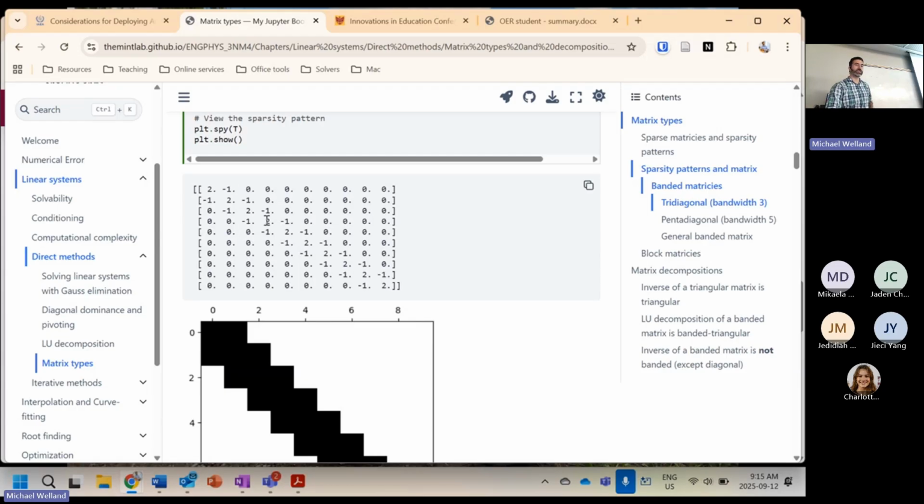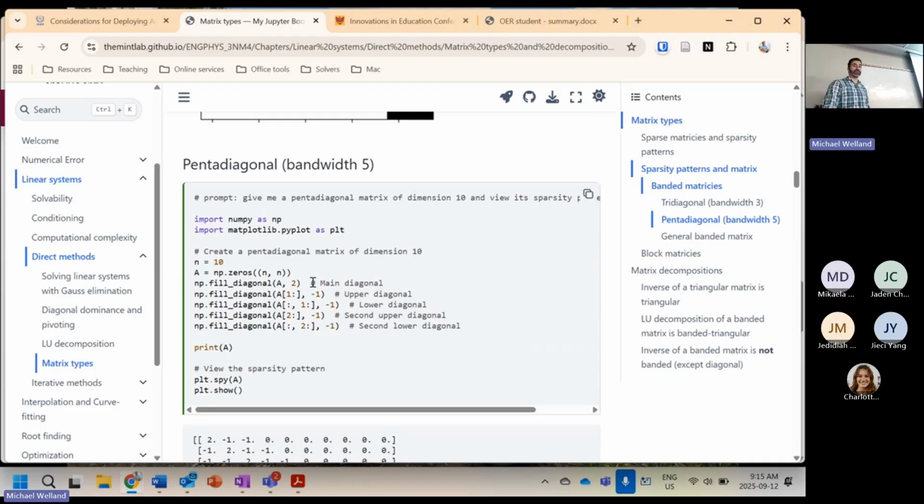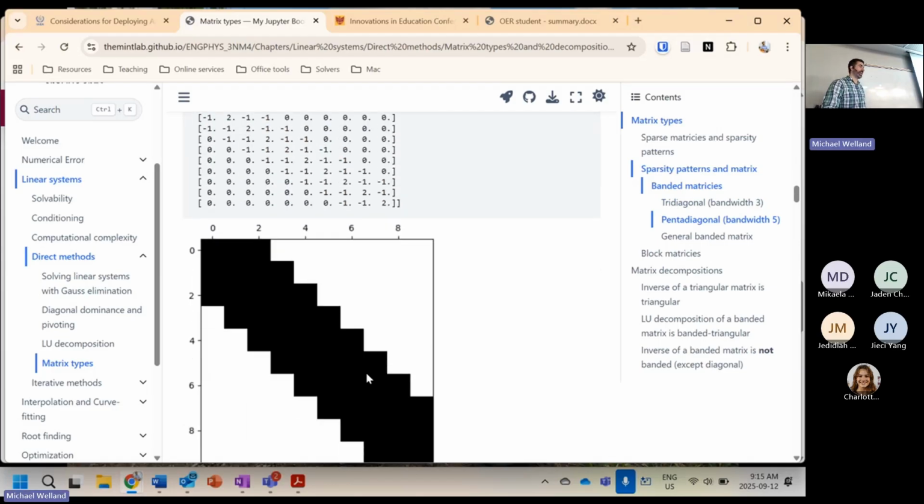But then what you want to note is how the diagonals above and below that are also populated. This is called a tri-diagonal matrix because you have 3 diagonals that are populated. Your main, your one up, and one down. And when you visualize that, it looks pretty clear. Pentadiagonal is something that looks like that.